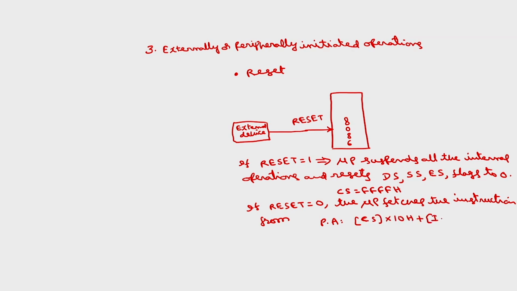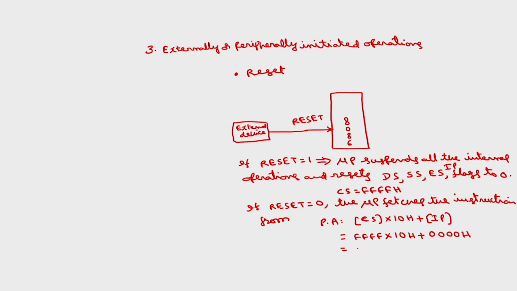This we have discussed in the earlier class. Now when reset is 1, the contents of the code segment are FFFF into 10H, which is FFFF0, and the instruction pointer is also set to 0000H.